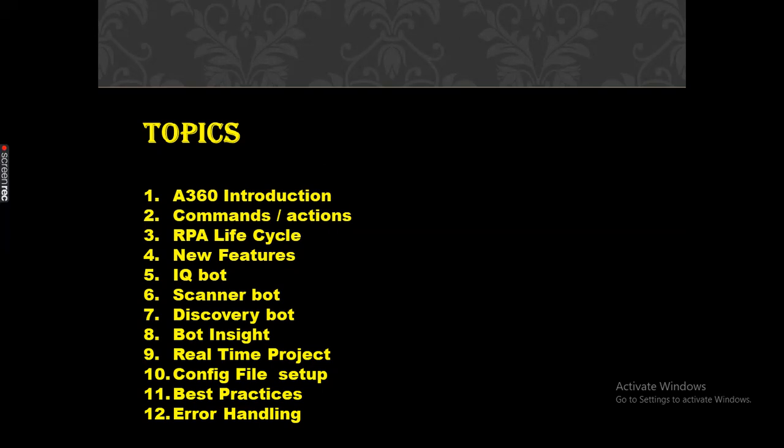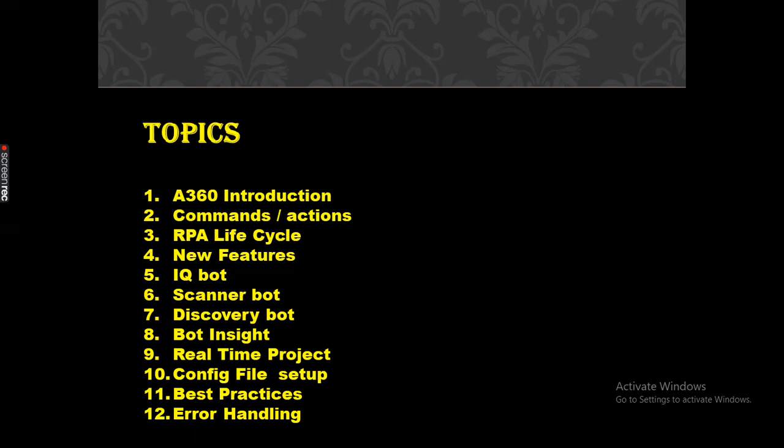Also, we are going to discuss the RPA life cycle, that is how to start a project, what are all the prerequisites to start a program, how to do the process assessment, how to design a solution or process definition document, how to start development, once you complete the development, how to migrate the code to higher environments like UAT, prod, and how we are going to perform unit testing and test case validations. Each and everything we are going to learn in the RPA lifecycle.